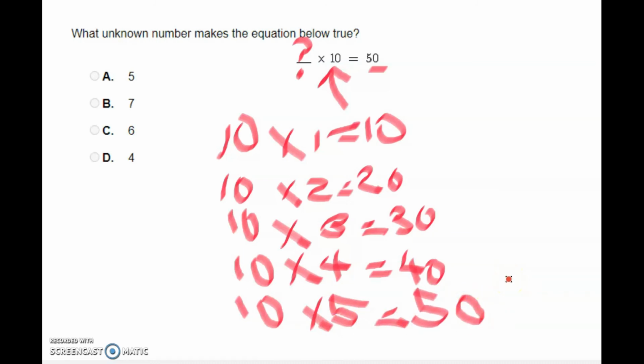We have identified the number that 10 is multiplied by to get 50. 10 here, 50 here, so that unknown number is 5. So 5 is the correct answer to this question.